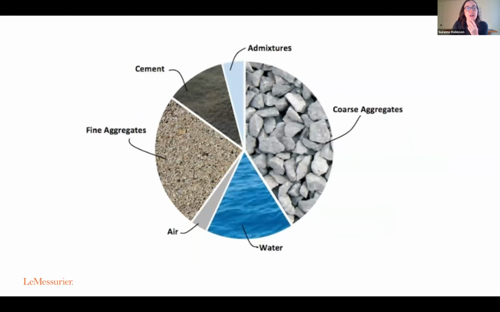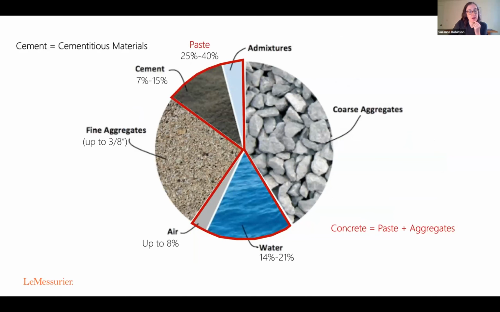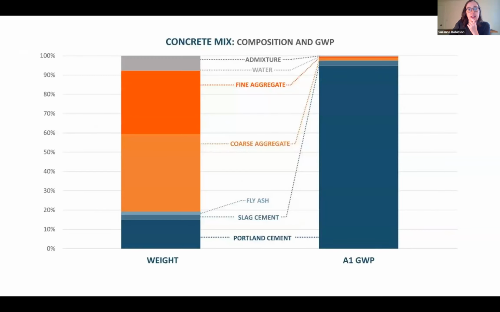Oh, there's arrows, sorry. So when we look at concrete, it's made up of aggregates, water, fine aggregates, sand, and then cement with some admixtures. So it's kind of our paste there, along with some air. And that piece of the pie, that Portland cement, has the highest embodied carbon aspect.